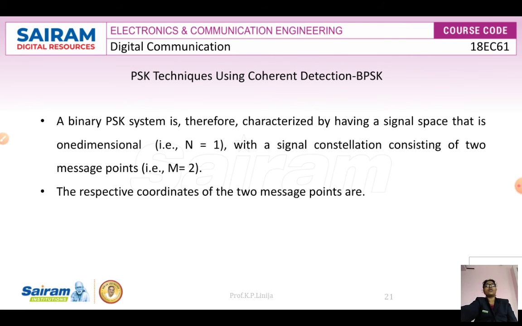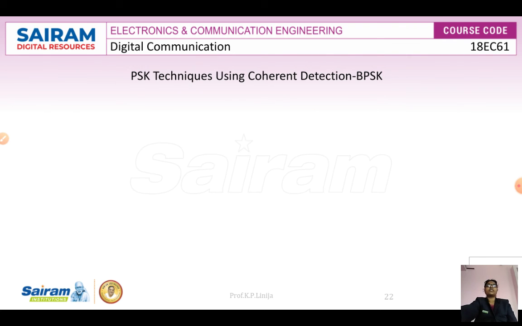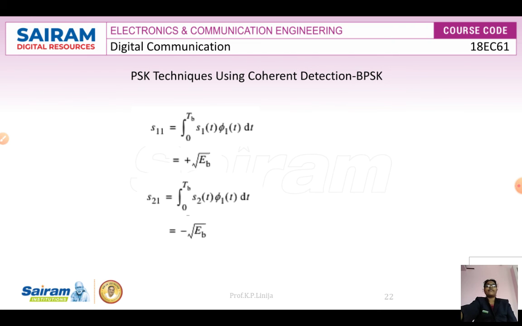The coordinates of the two message points are S11, which is the integral from 0 to TB of S1 of t into phi 1 of t dt. The value we got is plus root EB. And S21 is the integral from 0 to TB of S2 of t into phi 1 of t dt. Therefore, the coefficient S21 is minus root EB.